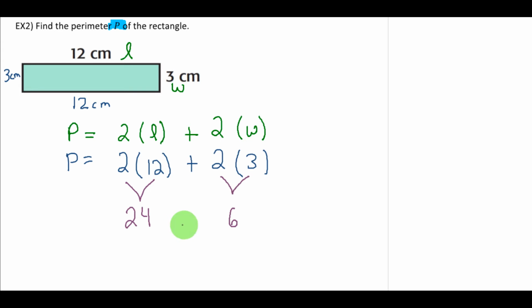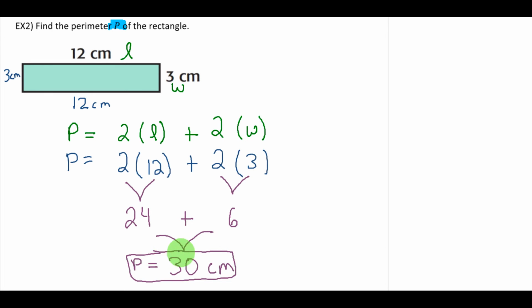Let's add these together to find the sum of all of the side lengths. So 24 plus 6 is equivalent to 30. But I'm not finished. Let's make sure we put the units in as well. So 30 centimeters. In this case, the perimeter is equivalent to 30 centimeters. Let's go ahead and box that up.